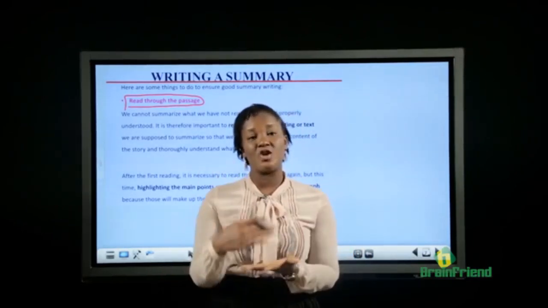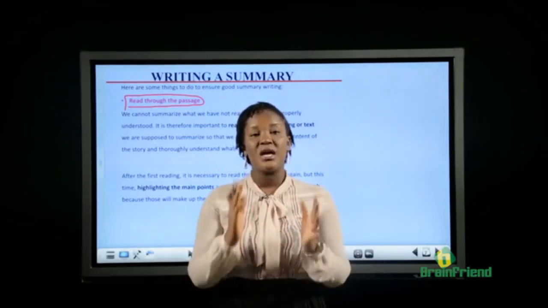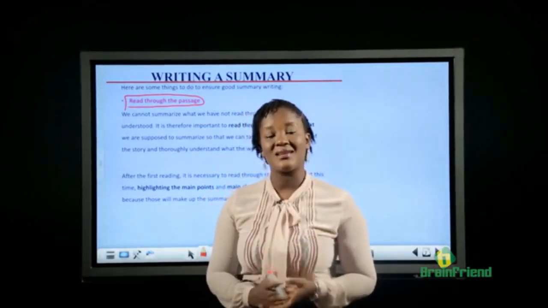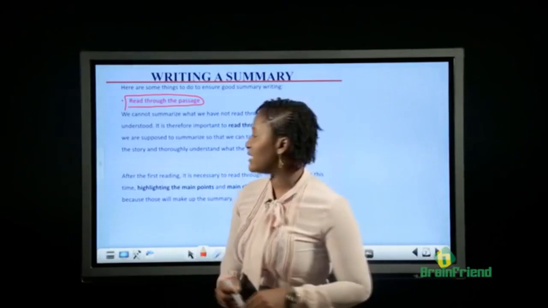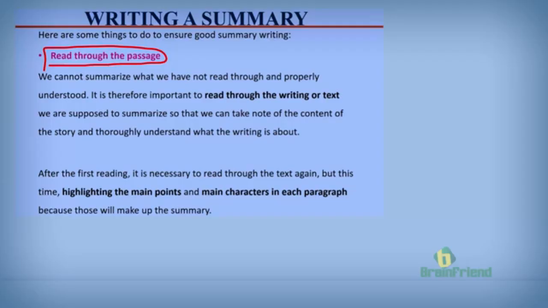We cannot just bring up a summary of anything. There has to be a written material or text which we want to summarize. So the first thing to do is to read through the passage carefully. We cannot summarize what we have not read through and properly understood.